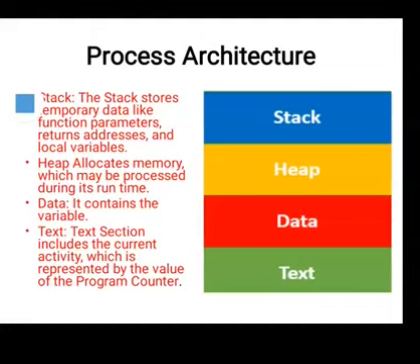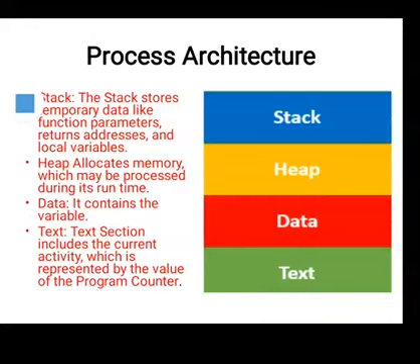Now we study the process architecture. The process mainly has four things: stack, heap, data, and text. The stack stores temporary data like function parameters, return address, and local variables. The heap is memory allocated dynamically during runtime.